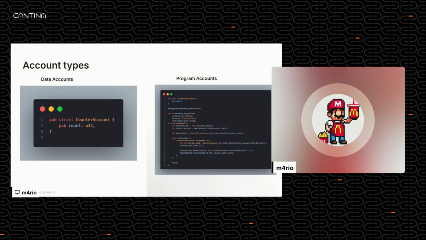As you can see here, we have a counter account which stores a count, which is a uint32. And on the right, we have the program account, which manipulates this account. For example, here we just increment: counter data count plus equals 1. So this is the program account which manipulates this counter account. Okay?